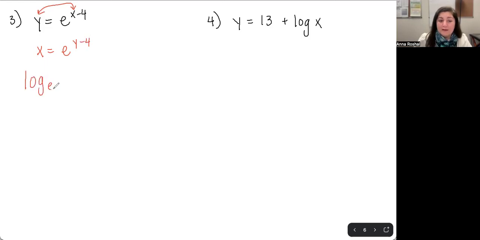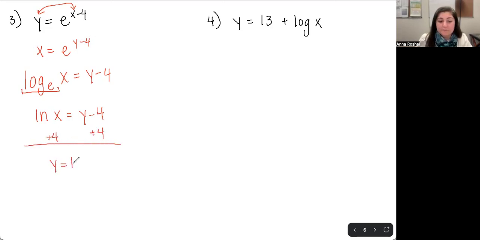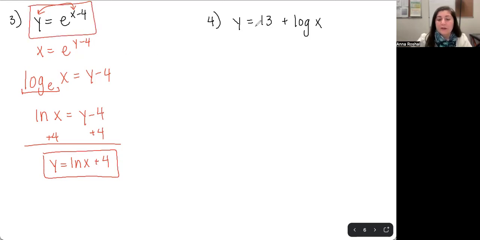So log base e of x is y minus 4. I know that this log base e is actually ln. So ln x is y minus 4. And then I'm going to add 4 to both sides, and that's how I'm going to get y on its own. Natural log of x plus 4 is the inverse of this.